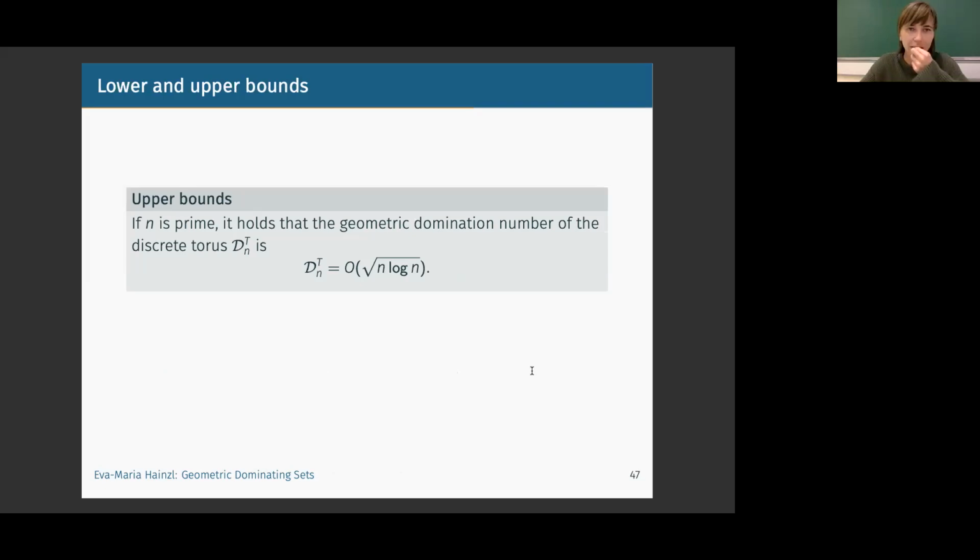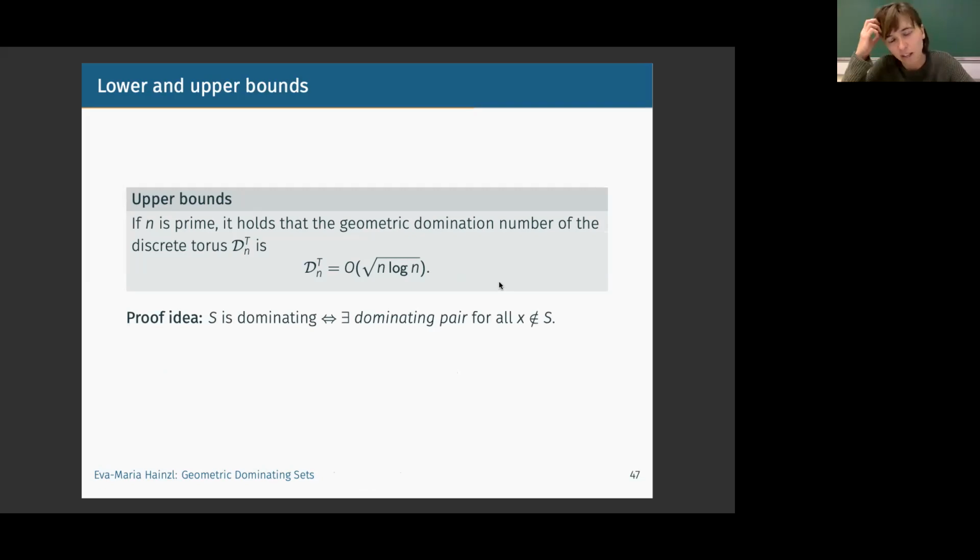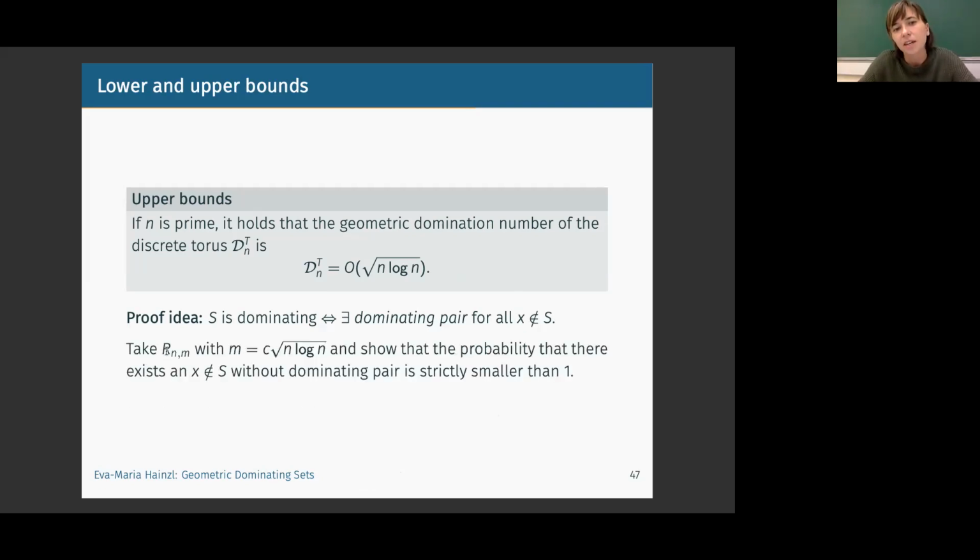Right. So let's get to this upper bound on the torus. The idea is essentially, well, if S is a dominating set, then for all X that are not in the set S, there exists a dominating pair. So there are 2 points in S that span a line that dominates X. And now we take random point sets R_m of size m.